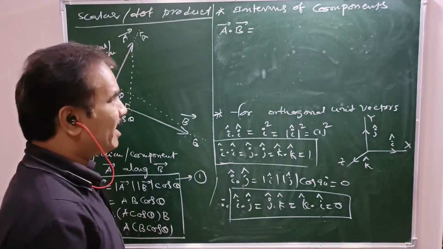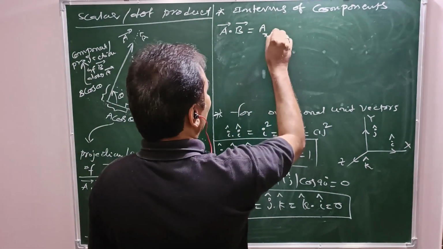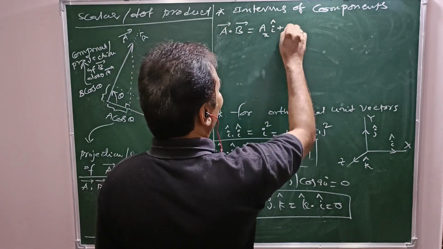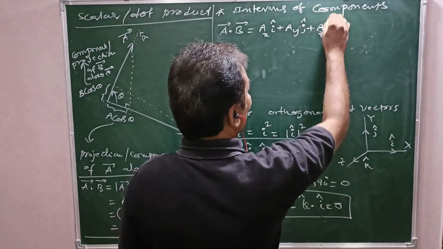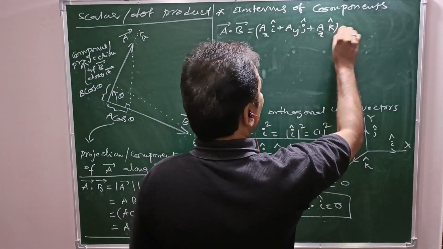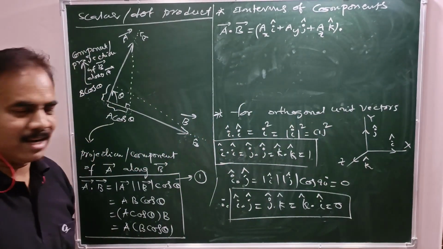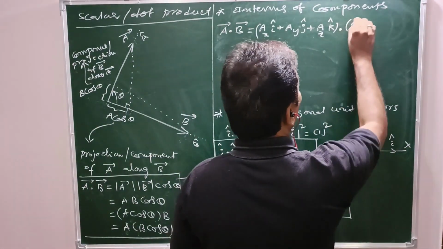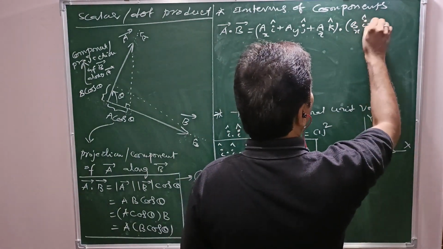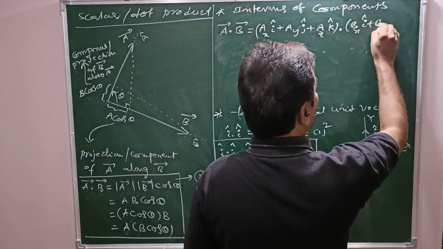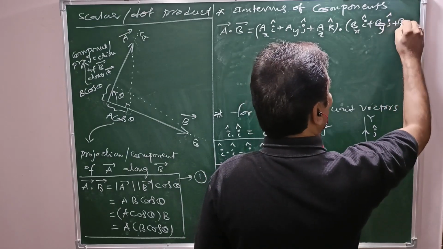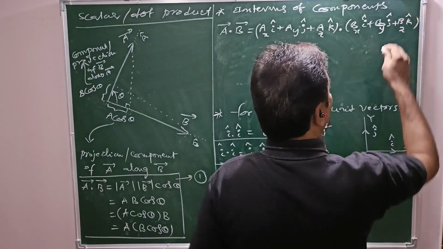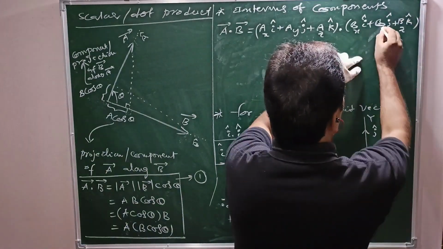Say a bar equal to ax into i cap plus ay into j cap plus az into k cap, dot b bar. Say b bar equal to bx into i cap plus by into j cap plus bz into k cap.